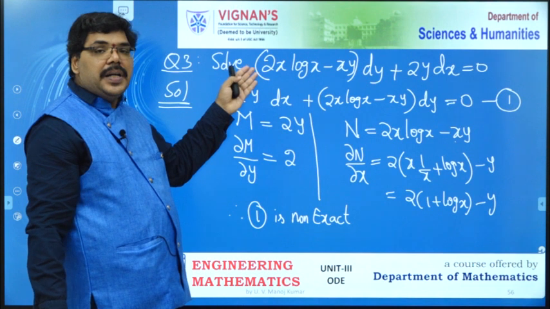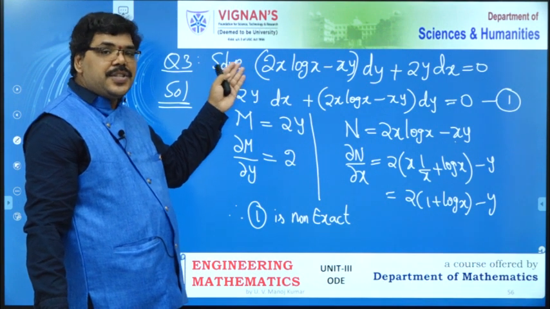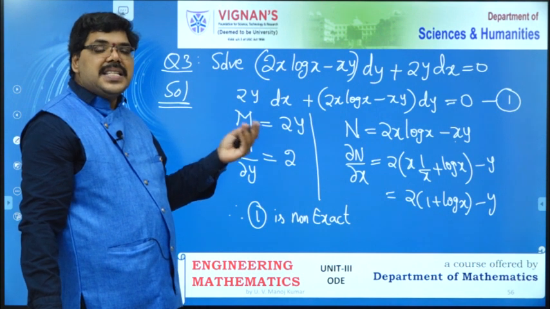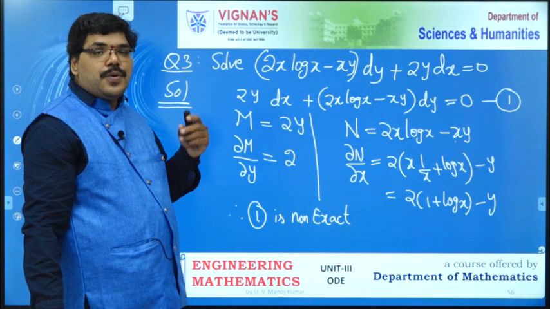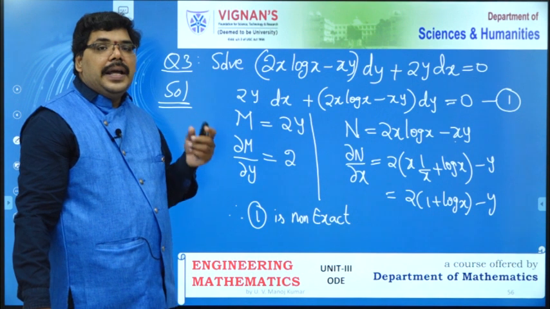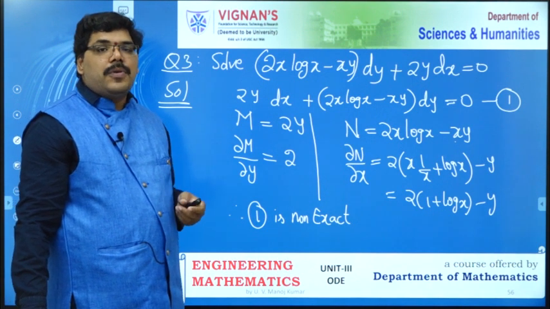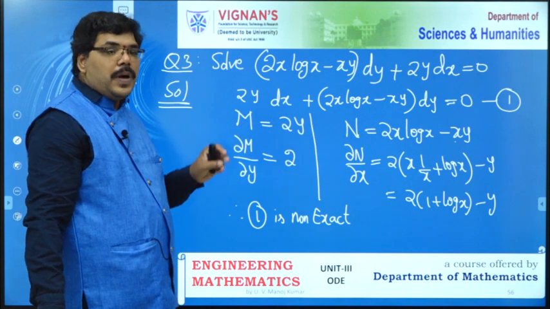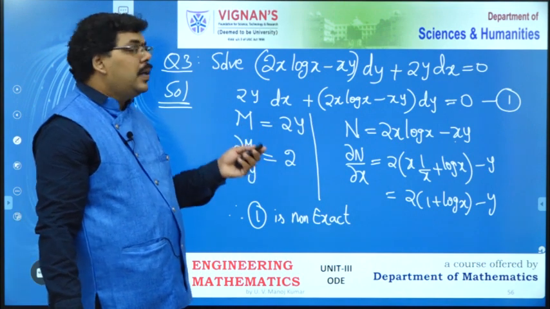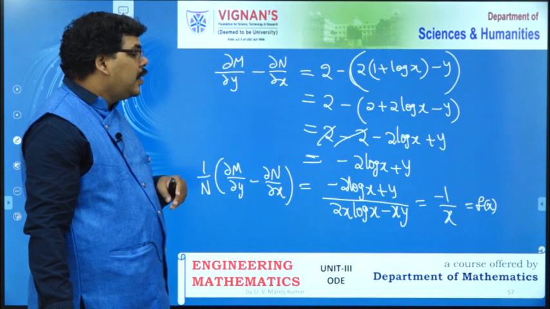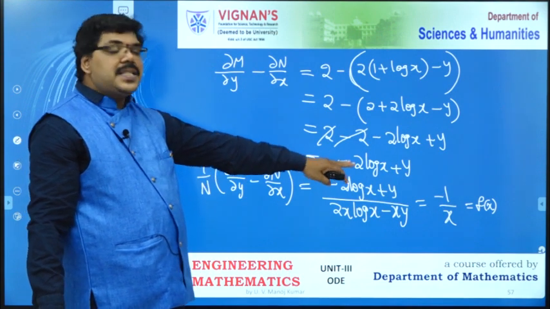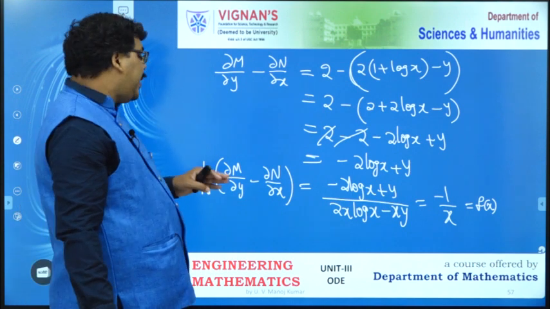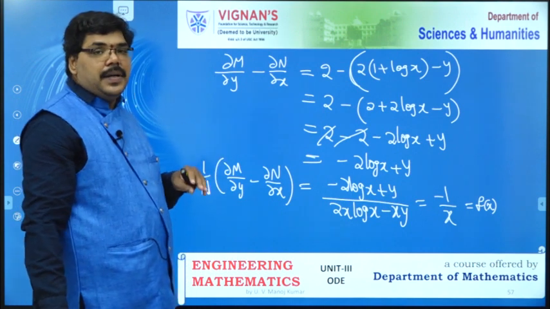As this is not homogeneous or case 2, we check case 3 or case 4. In these cases we find the difference between the derivatives, and after getting this difference, we decide whether to divide with n or with m.